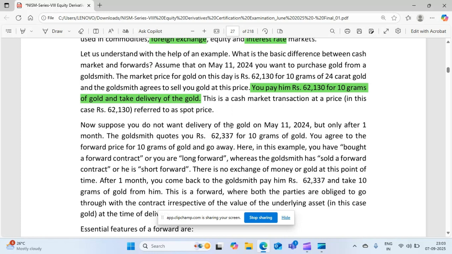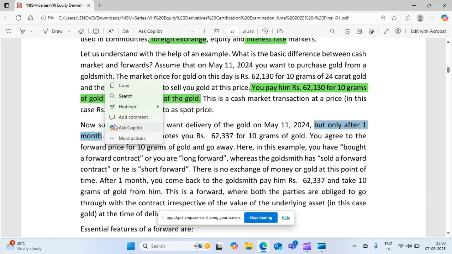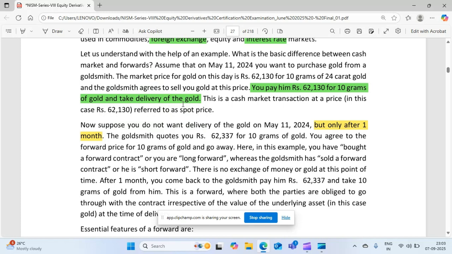But suppose you do not want delivery on 11th March 2024, but only after 1 month. This is where the forward contract comes into the picture, because the contract is not for a transaction today. It is for a transaction after 1 month.